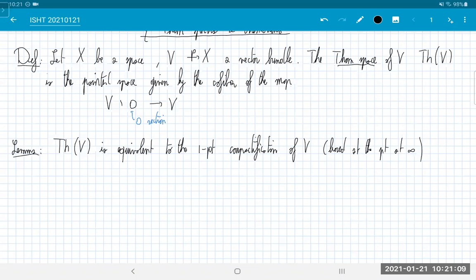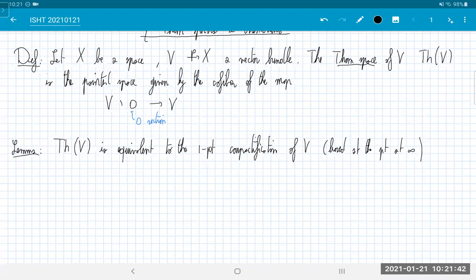You'd all have seen the 1-point compactification at some point in the past. It's just every time you have a topological space, you can get a compact space by adding a point and putting a certain topology saying that a set is an open neighborhood of that point if and only if its complement is compact. But it's not really important. Essentially, what we are going to need is that the 1-point compactification of R^n is S^n.